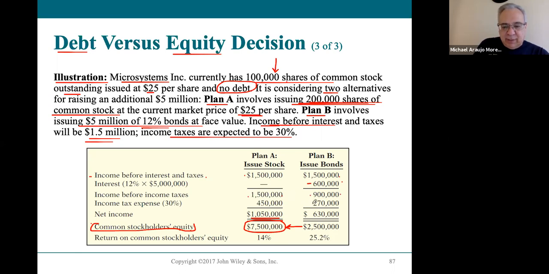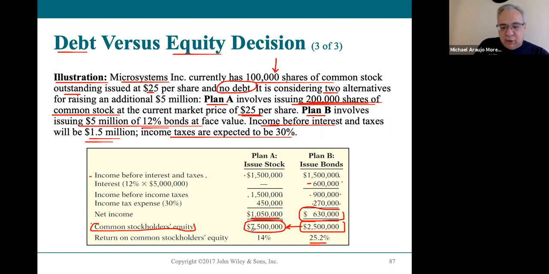Their tax bill would be lower, but so would their net income. Their owners would still have $2.5 million of equity, so their owners would get a return on that equity of 25%.